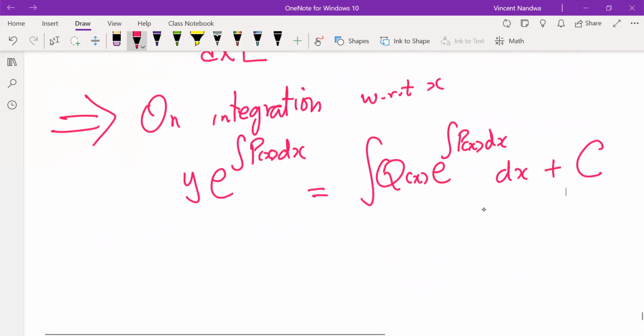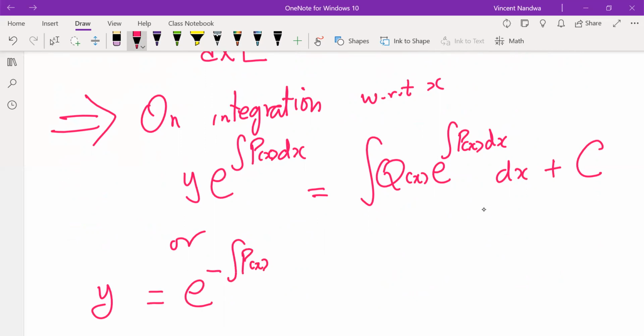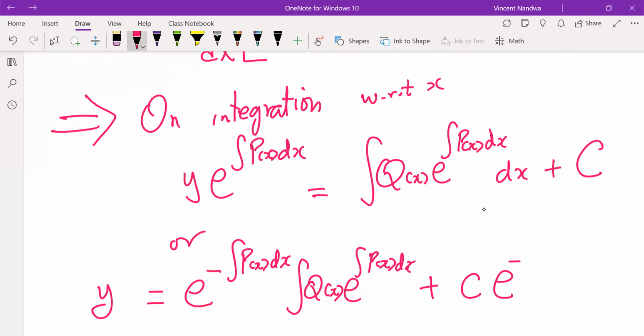So this is the required solution for the given differential equation. y equals e raised power negative integral of p of x dx times the integral of q of x e raised power the integral of p of x dx, plus c e raised power negative integral of p of x dx. I've simply divided through by e raised power the integral of p of x dx.